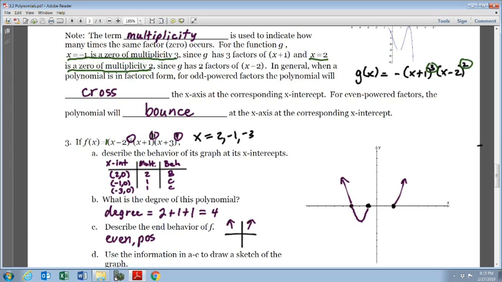Eventually we have to come back down and go through this next point, or we may not go through. We'll either touch or bounce, or cross. At negative 1, 0, we're supposed to cross, so let's do that. And then notice when we get to 2, the multiplicity there is 2, and so we should bounce, and notice that matches our end behavior, and so we're done.